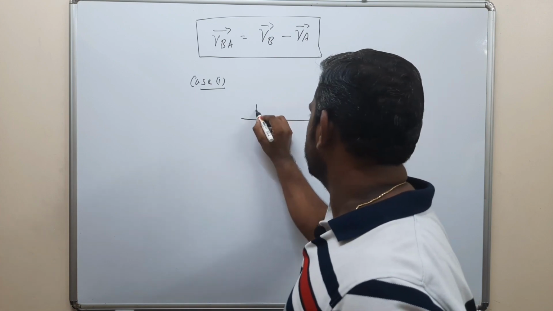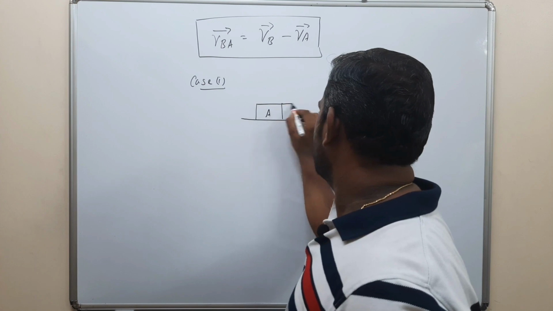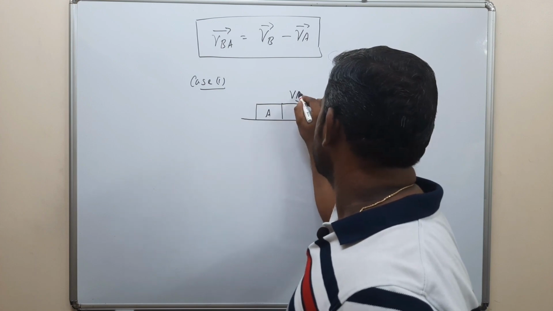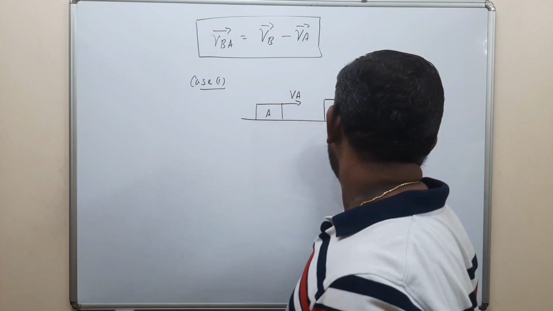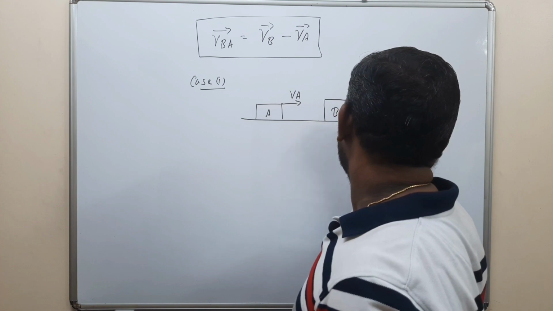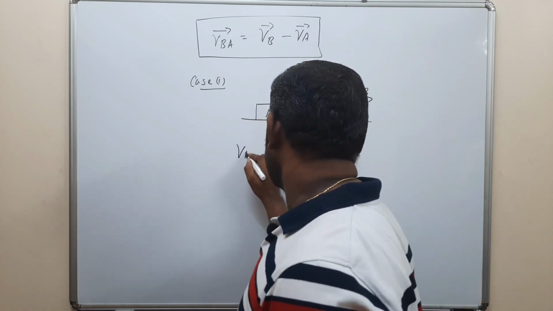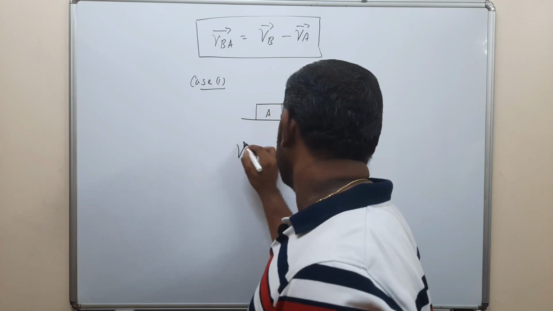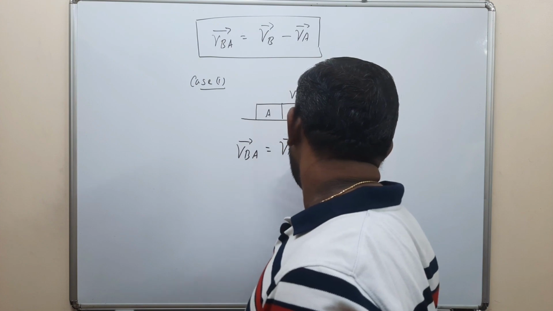Object A is moving with velocity vA, and another object B is moving with velocity vB. So the relative velocity of B with respect to A vector is equal to vB vector minus vA vector.